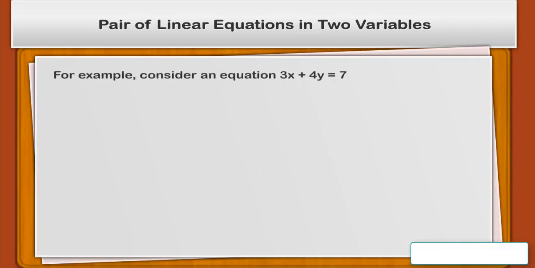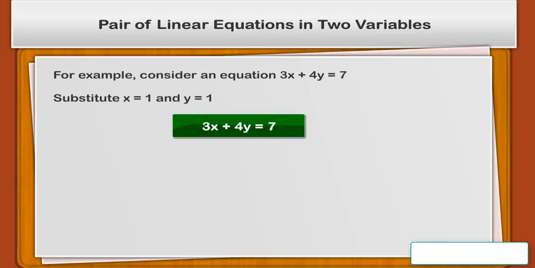For example, consider an equation 3x + 4y = 7. Let us substitute x = 1 and y = 1 in the left-hand side, LHS, of the equation 3x + 4y = 7.